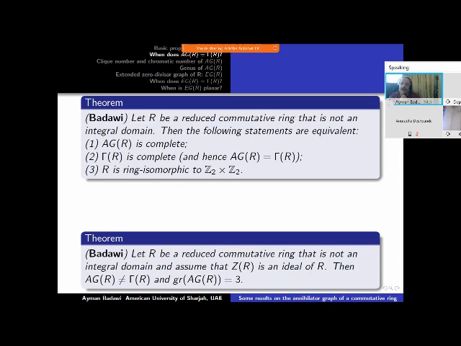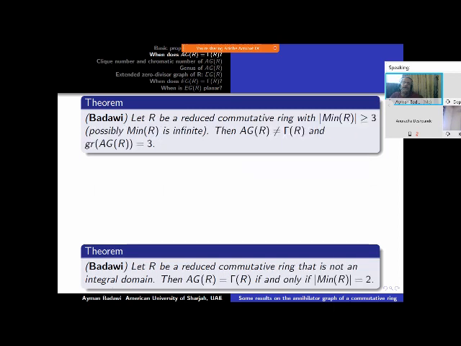The annihilatory graph is not the same as the zero divisor graph, and I know that the girth is going to be 3. This is a nice result about reduced rings, and of course here there is one condition, that the zero divisor set is an ideal.